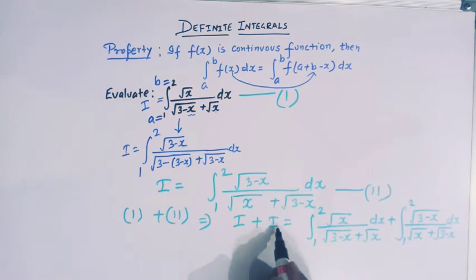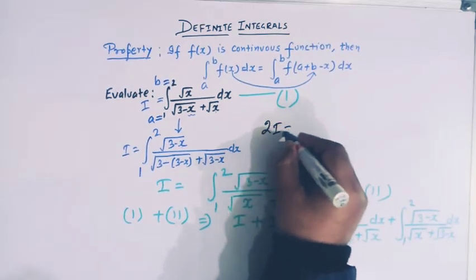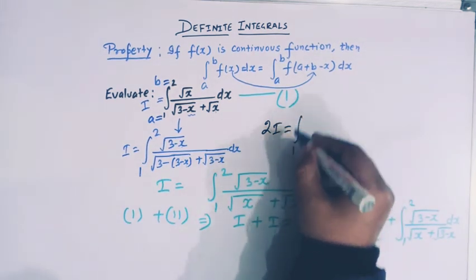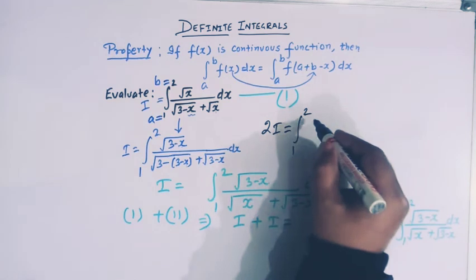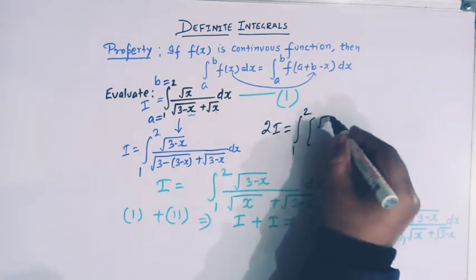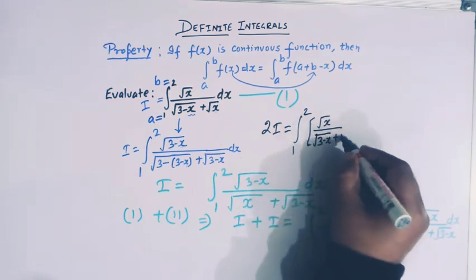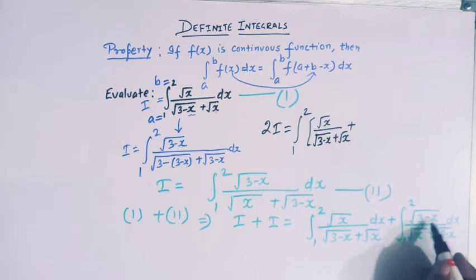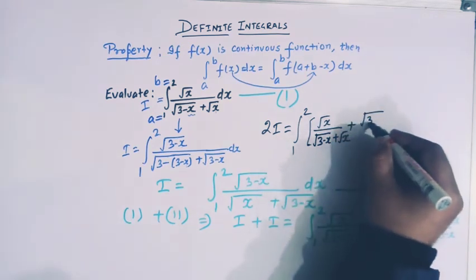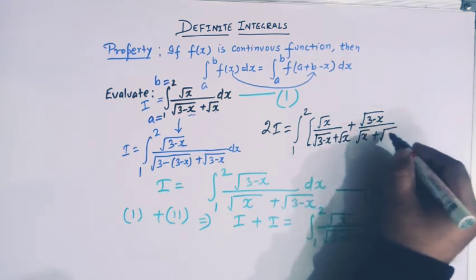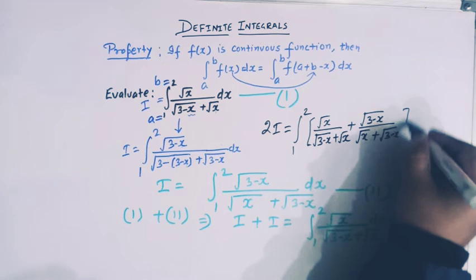Now this I plus I becomes 2I, and the limits are the same, so we take the integral from 1 to 2 of square root of x divided by square root of 3 minus x plus square root of x, plus square root of 3 minus x divided by square root of x plus square root of 3 minus x dx.